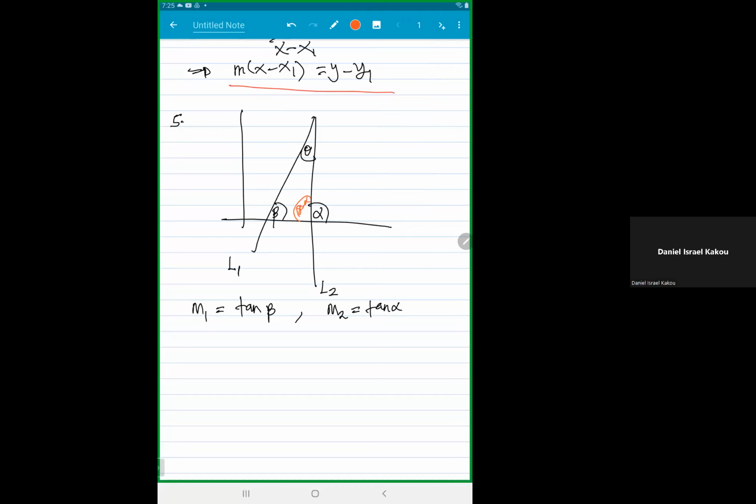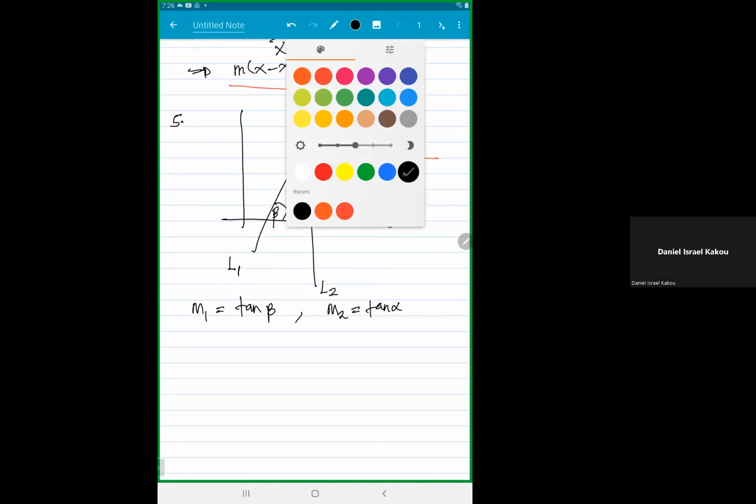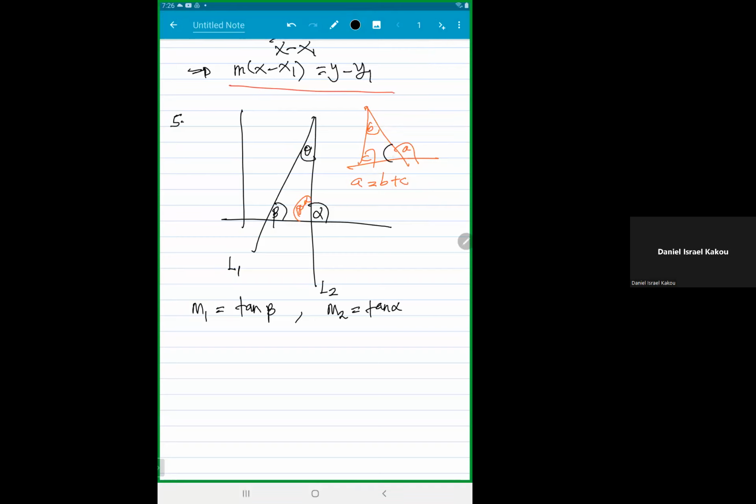But one of the properties says that the external angle of a triangle, say A, is always equal to the sum of the two opposite interior angles, B and C. So basically, A is equal to B plus C. Even if you don't know this, you can find the last interior angle left, then sum the three interior angles, and it will still bring us to the exterior angle being equal to B plus C.